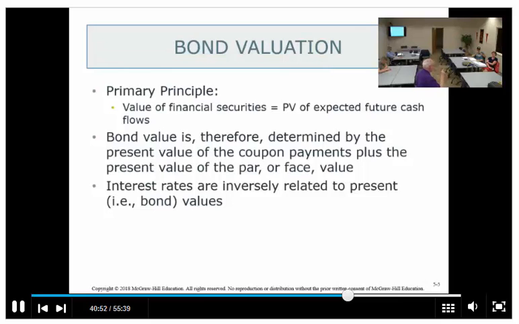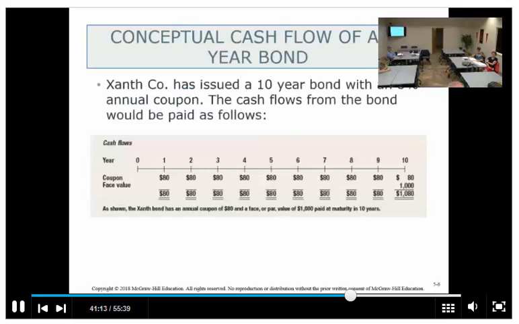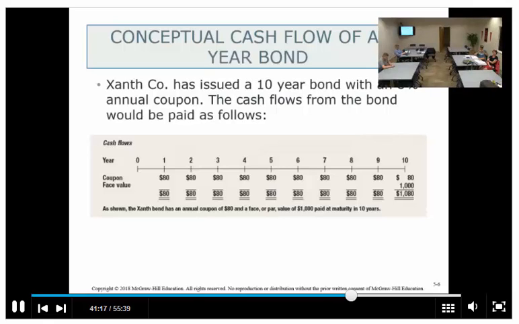The interest rate and the coupons stay the same, but the length of time is different for each calculation. So when we value a bond, we're really doing two calculations. We calculate the value of the annuity, and we calculate the value of the face value.